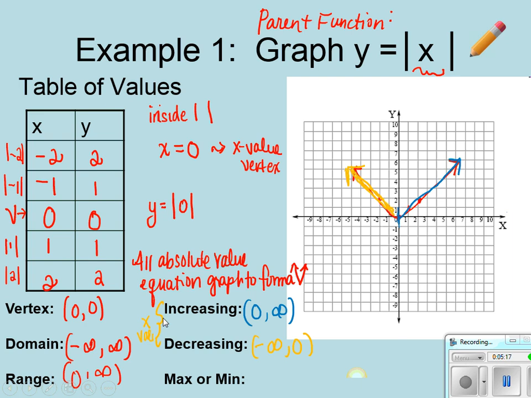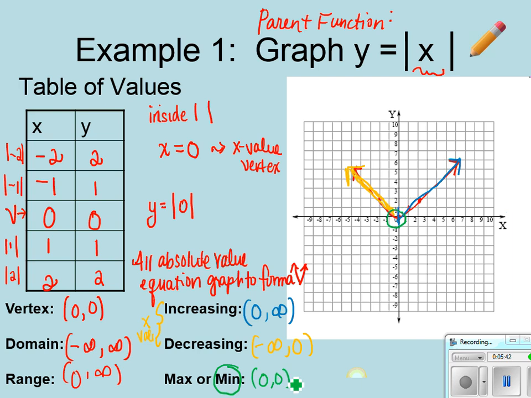We don't use y values, we use x values when we're talking about increasing. And then the max or the min, in this case, it would be a minimum because there's a low point. So we would circle minimum, and that minimum value would be 0, 0.